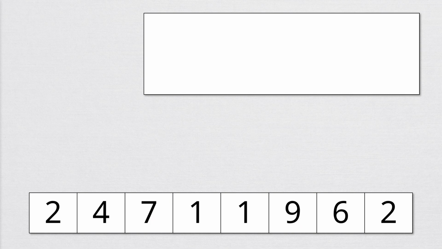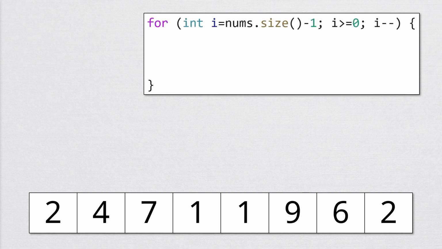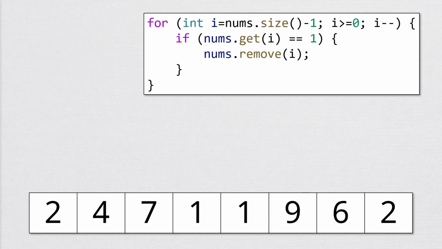Few ways to fix this. The way I prefer is to go backwards through the list when removing. Our if statement stays the same. And we're going to start at the last element and work our way left. Check the 2, check the 6, check the 9. We get to the first 1, and it goes away, shifting everything from the right over to the left.